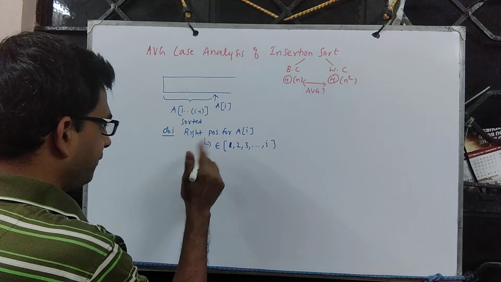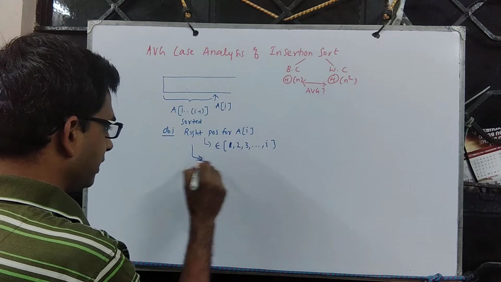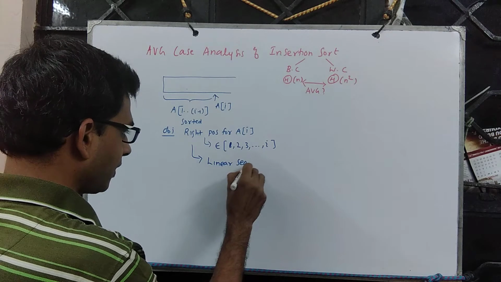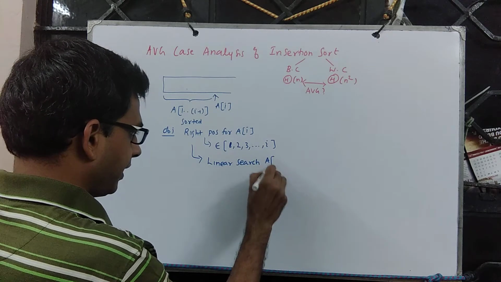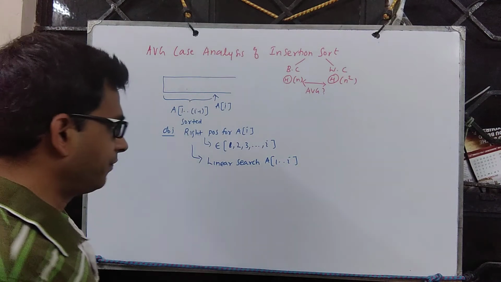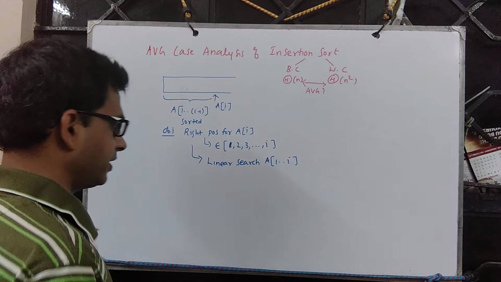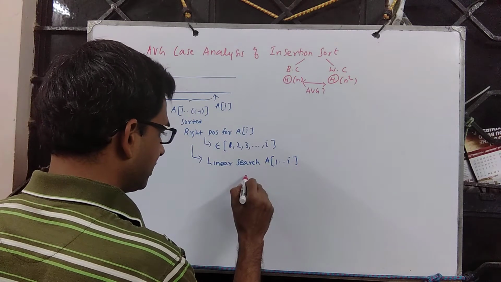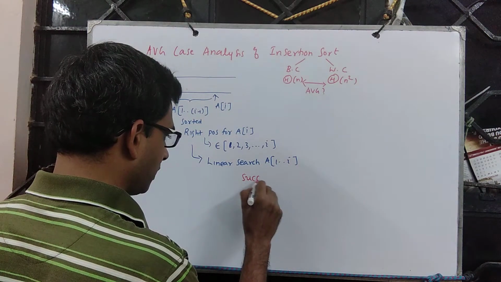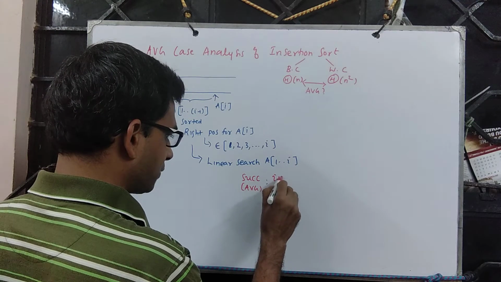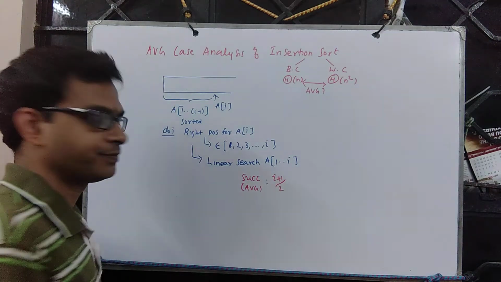And so identifying the right position is equivalent to doing linear search on A of 1 to i. We know that on an average, if we want to search on this many locations, then the successful search cost on an average is (i plus 1) by 2.